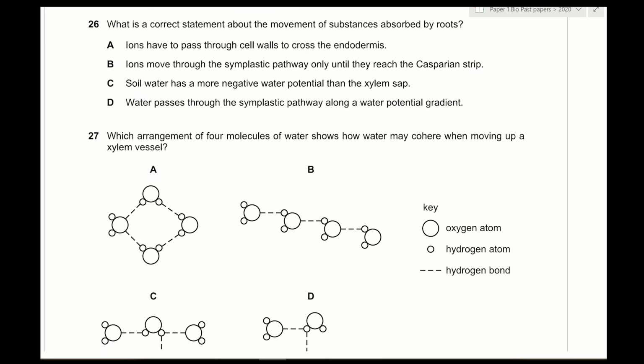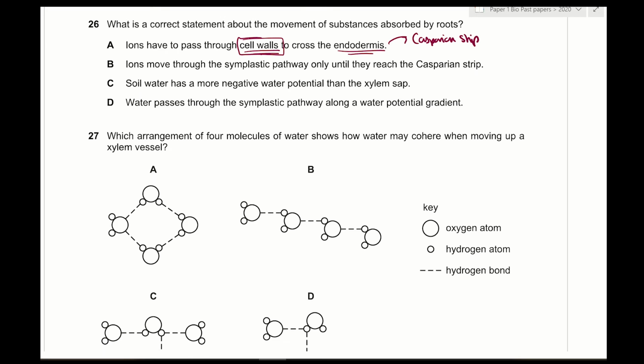Number 26, what is a correct statement about the movement of substances absorbed by roots? A, ions have to pass through cell walls to cross the endodermis. Now, as we all know, endodermis has a Casparian strip. Casparian strip inhibits the apoplast pathway, and apoplast pathway is the movement through cell walls, and only allows the symplast pathway.